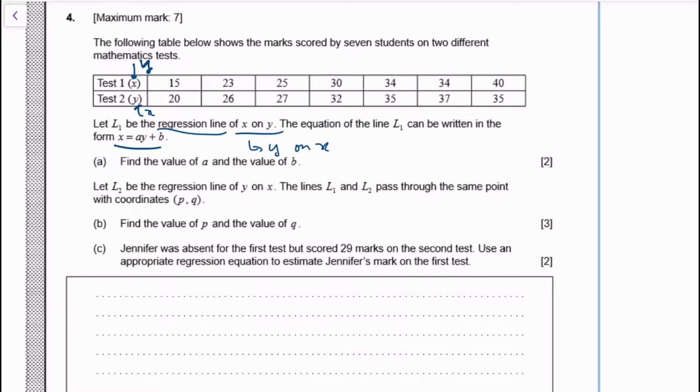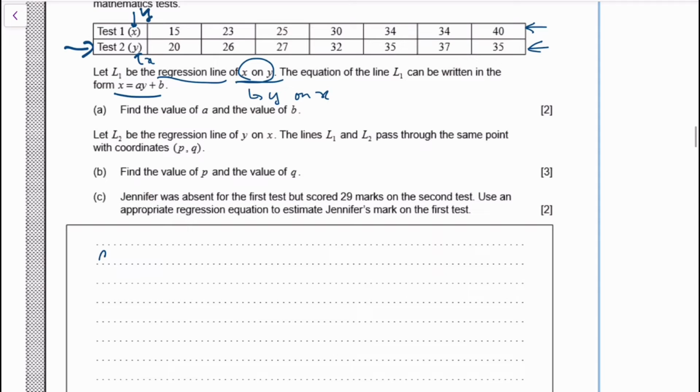So for the x column, you put in the value of test 2, and for the y column you put in the value of test 1. Therefore, you're basically interchanging x and y, so you can get what the question wants.